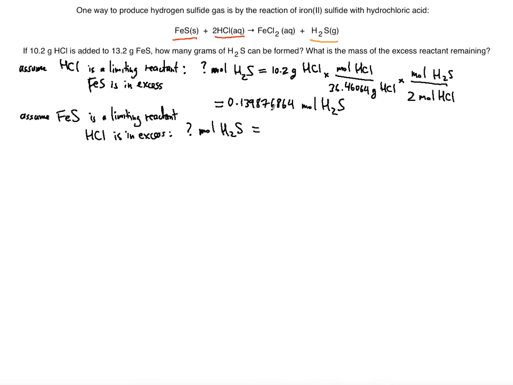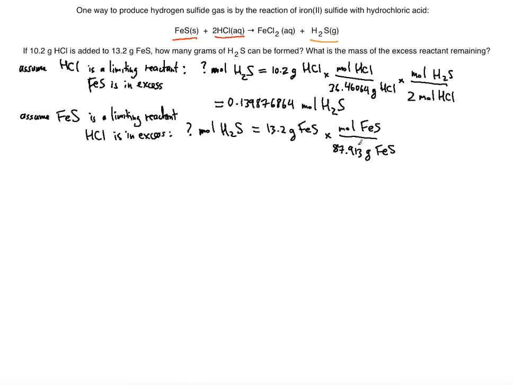So now 13.2 grams iron(II) sulfide, and again we're going to do the same conversion. So we know that in each mole of iron(II) sulfide there is 87.913 grams of iron(II) sulfide, right?